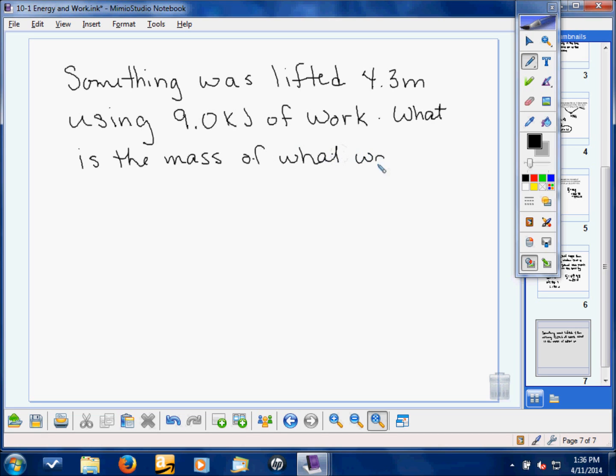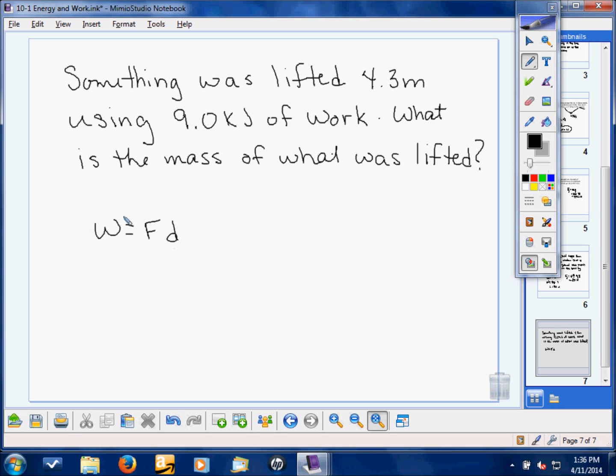So we have to work backwards on this one. This would be another work equation, right? So what equation do we start with? W equals F times D. Our force in this case is unknown.